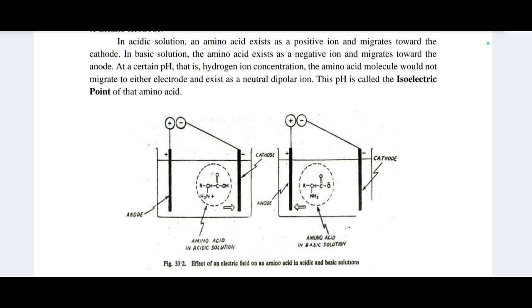That particular pH is specific for each and every amino acid. At a certain pH, that is, at a certain hydrogen ion concentration, the amino acid molecule will not migrate to either electrode and exists as a neutral dipolar ion. This particular pH value is called the isoelectric point of the amino acid.